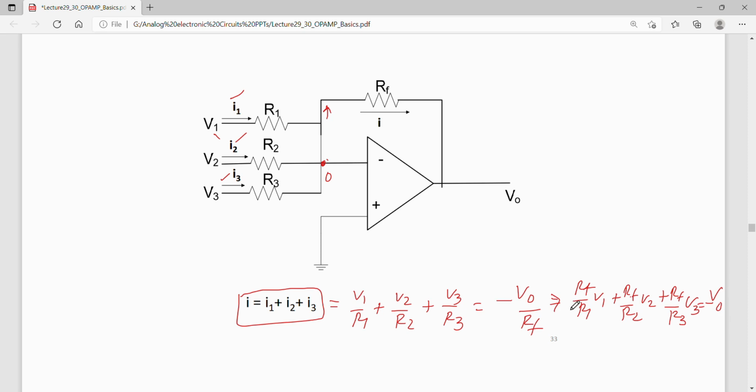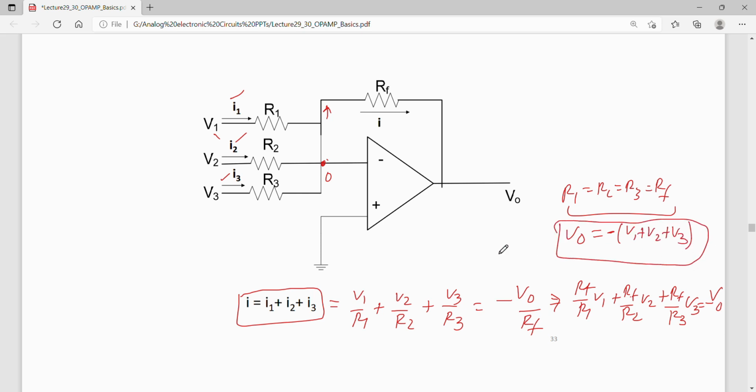And if I say all resistances are equal, R1 is R2 is R3 is RF, then V naught can be written as minus, V1 plus V2 plus V3. That is, it acts as a summer. It's an inverting summer, which produces an inverting output because negative is present at the output.